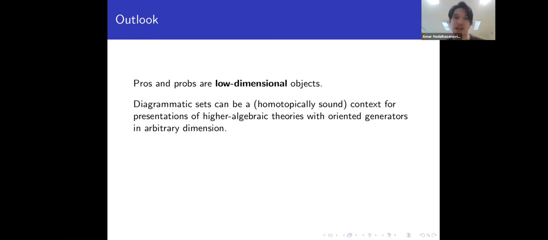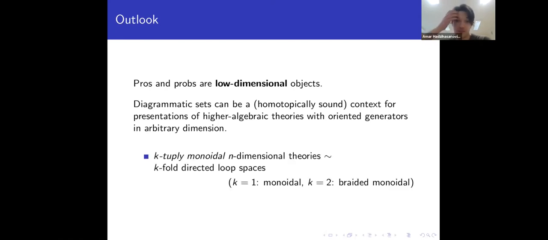They can be a context for thinking about presentations that have oriented generators in an arbitrary dimension in a way that's homotopically sound. In particular, we can generalize this idea of monoidal theories and braided monoidal theories to k-tuply monoidal n-dimensional theories. So there'll be theories that have interesting data up to dimension n, and that are also kind of k-fold directed loop spaces.